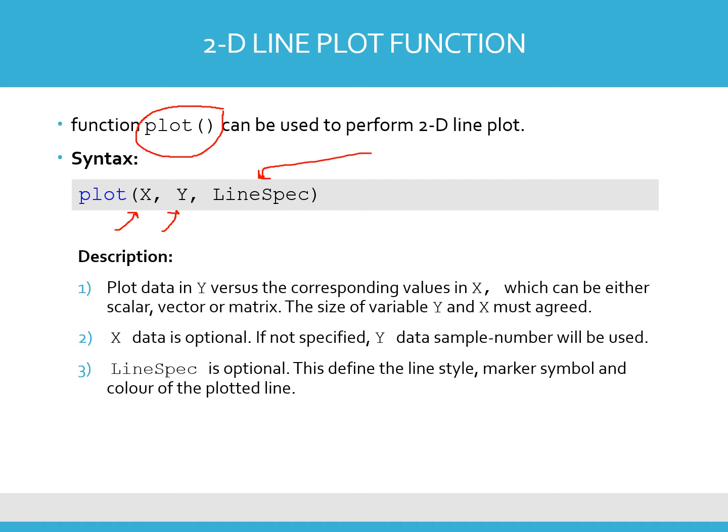For example, you want a continuous line, a dotted line, or you want x markers, just a point, x, or plus signs. That one you set here. So that's it. And make sure that the data here has the same number: if x has 100 samples, y needs to be 100 samples. If not, it cannot be run.